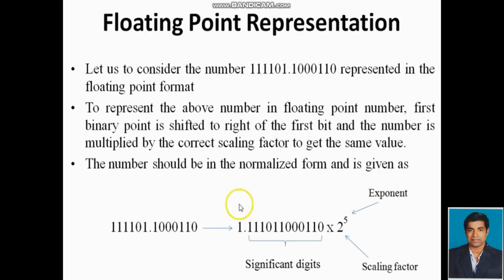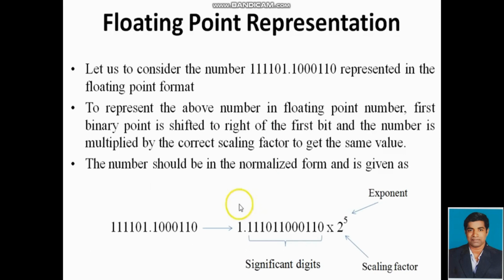To represent the above number as a floating point number, first the binary point is shifted to the right of the first bit and the number is multiplied by the correct scaling factor to get the same value. The number should be in the normalized form, and is given as 1.1110110 times 2 to the power 5.